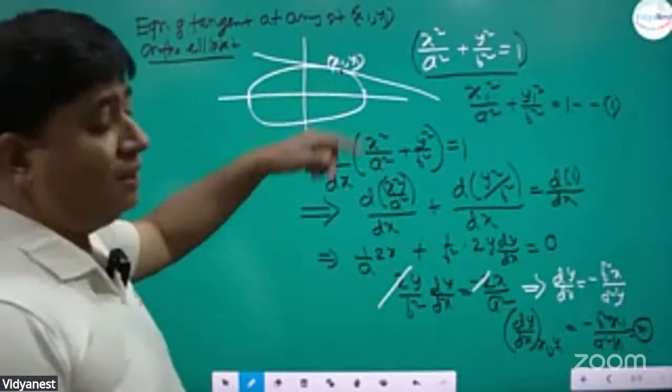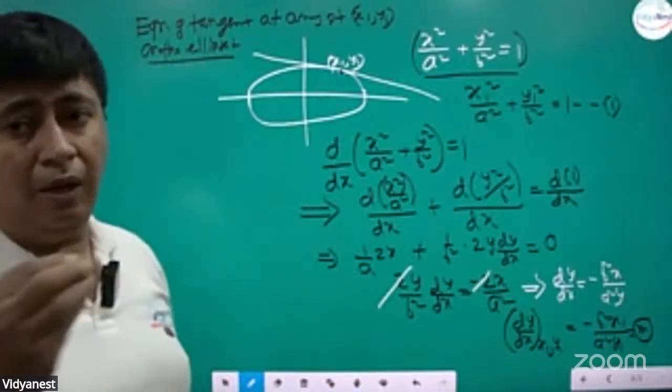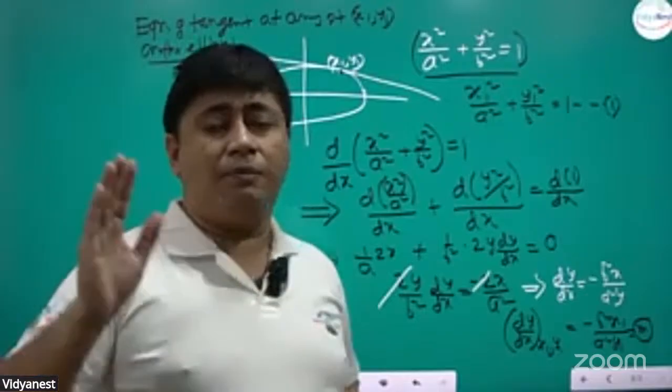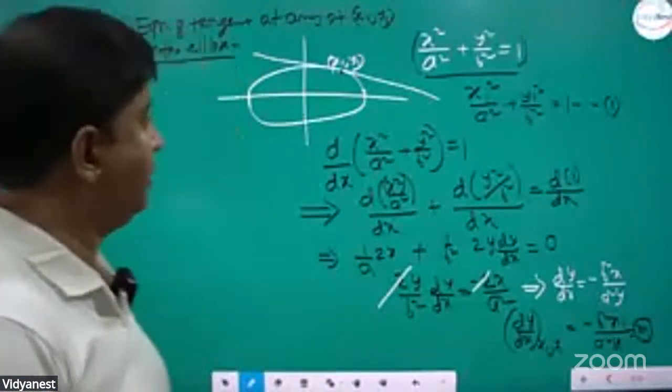Now the tangent is itself a straight line. And you know the basic rule of a straight line, that if it passes through a fixed point x1, y1 with slope m, what will be its equation?